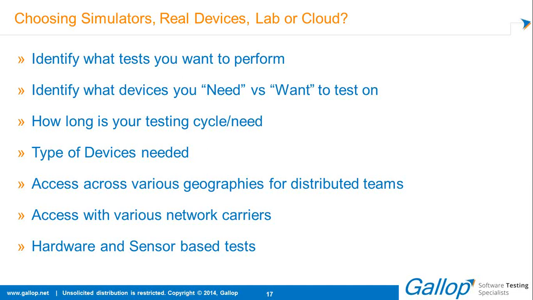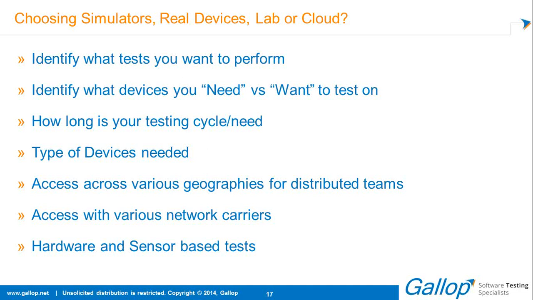And then if you have distributed teams, teams working from Singapore, Australia, North America, South America, the UK, and you know that you have a lot of customer base around these geographies, and you have geolocation based tests that you want to run, you might consider some of the cloud solution providers to have your lab set up.